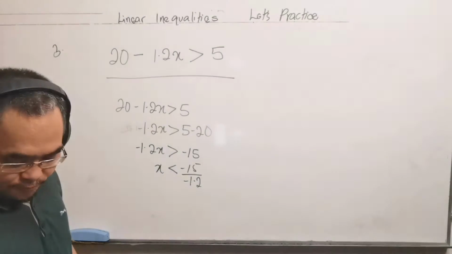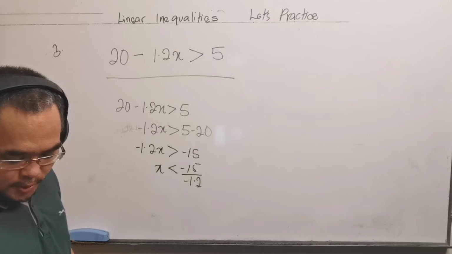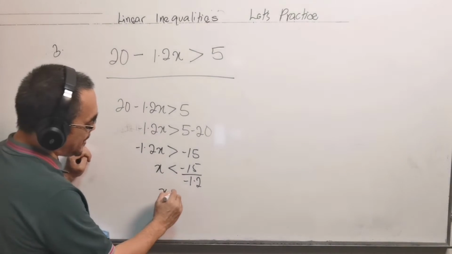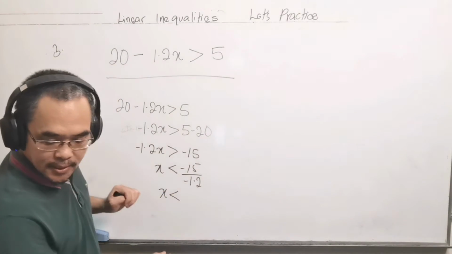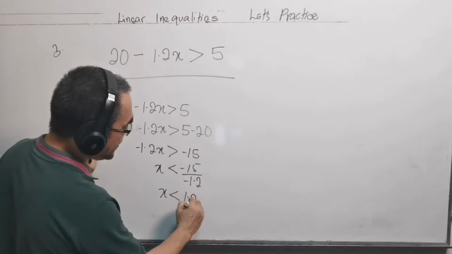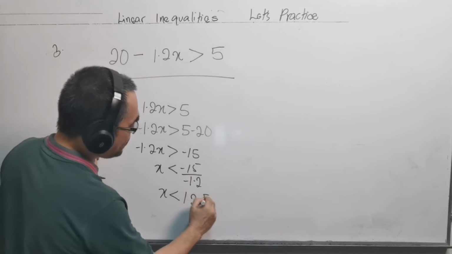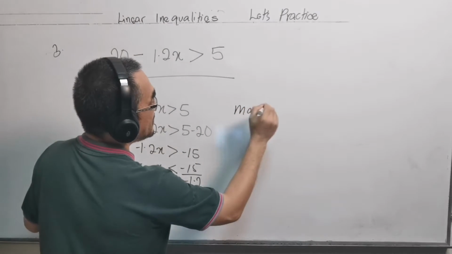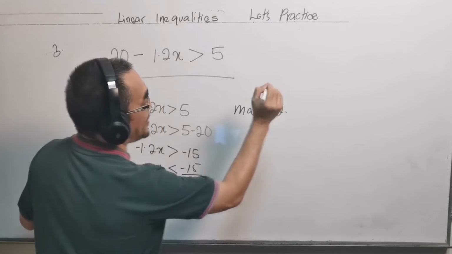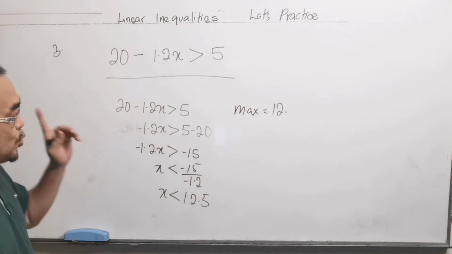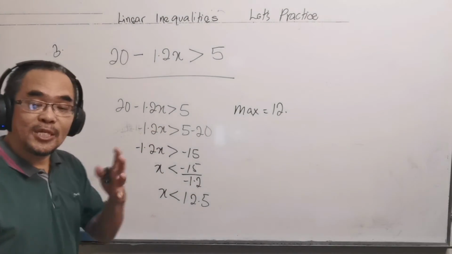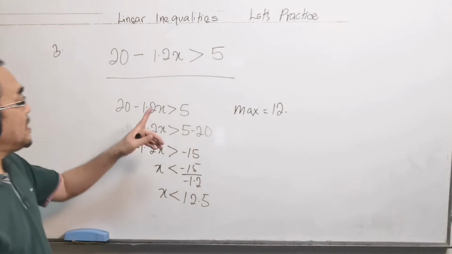So negative 15 divided by negative 1.2, the number of cards will be less than 12.5. So the maximum is 12 cards.